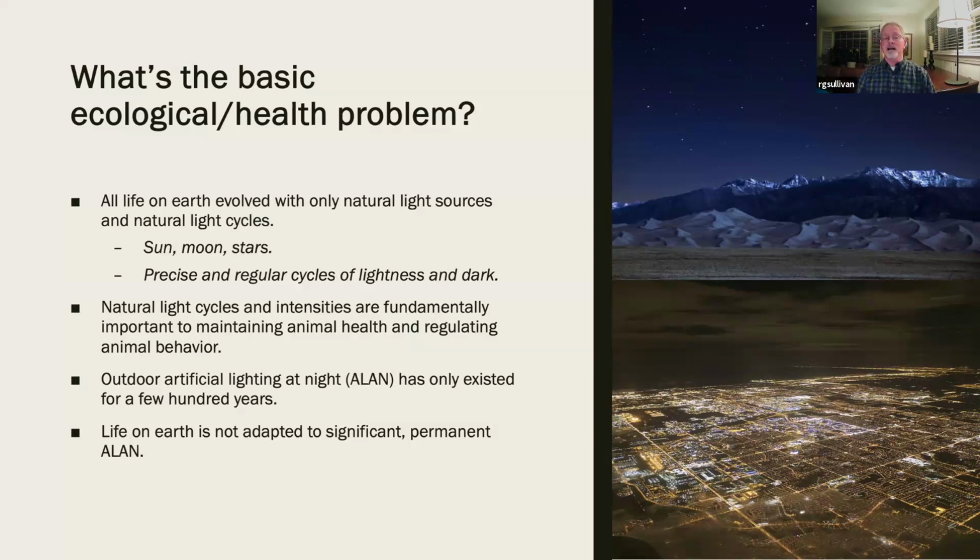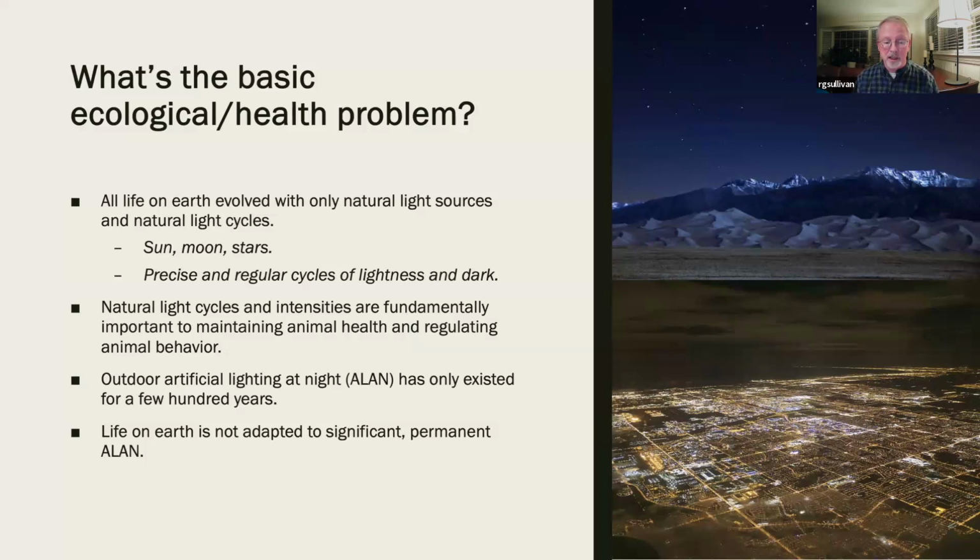Okay, so we humans are diurnal. We obviously do a lot of things under the sun, and less at night. Now we are exposed to lights that are very much brighter than the moon and stars routinely, and it does have some effects on us. It also affects animal behavior, and I will talk about that.